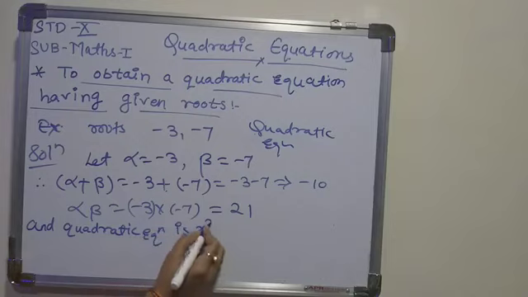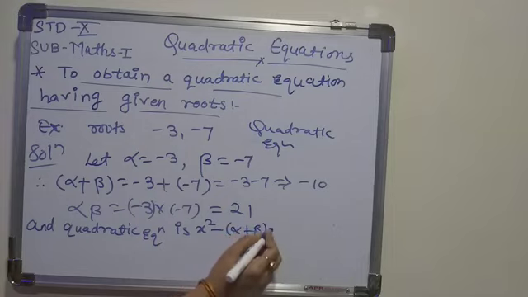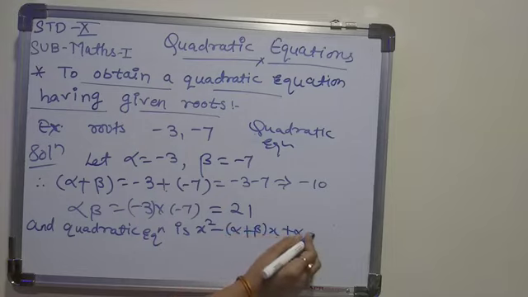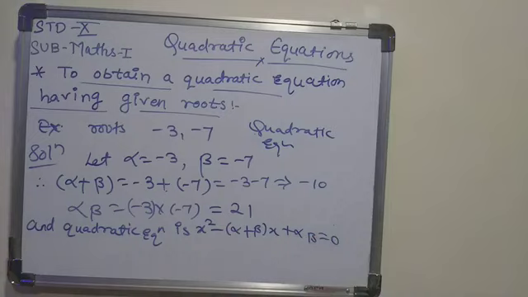And quadratic equation is x square minus the bracket alpha plus beta x plus alpha into beta is equals to 0. So therefore x square minus, in the bracket you are going to write minus 10x plus 21 equals to 0.